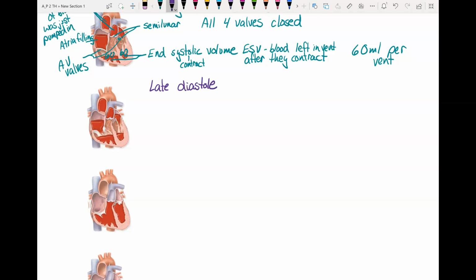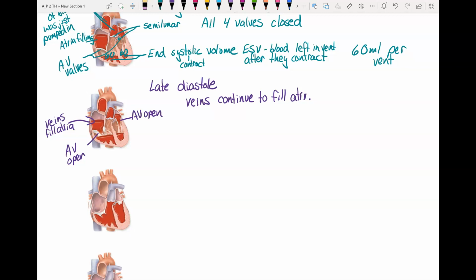The veins are still putting blood into the atria. As the atria fill, that creates pressure that pushes the AV valves open. So in late diastole, the veins continue to fill the atria. And the atria get so full that the pressure pushes the AV valves open.